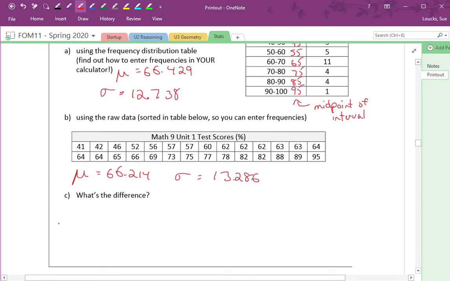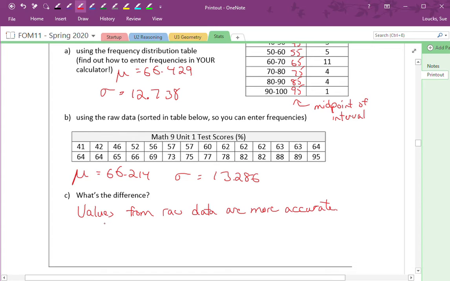Well, the values from the raw data are more accurate, which makes sense because it's not summarized data.